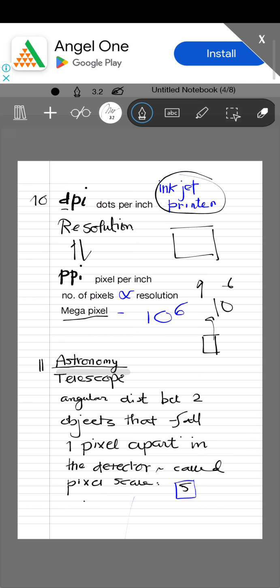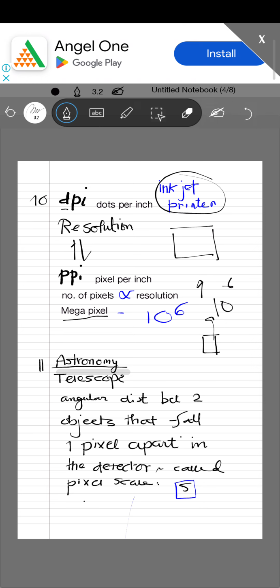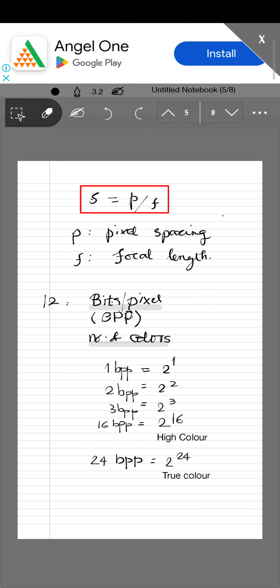In astronomy, when we are using a telescope, the angular distance between two objects that fall 1 pixel apart in the detector is called the pixel scale. We can define the pixel scale as p by f, which is the pixel spacing divided by the focal length of the lens that we are using.